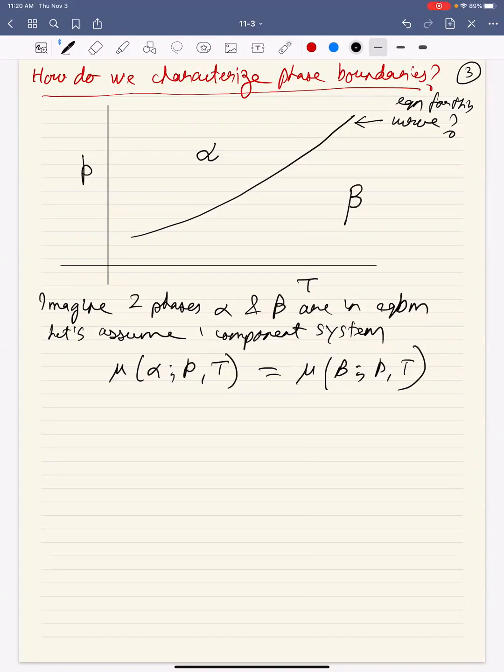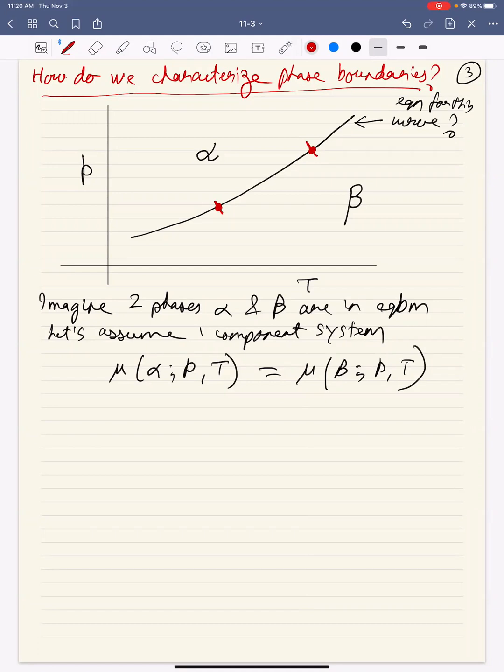So it's just pressure and temperature. So at any point along this curve, let's say this point, and let's say this point, at both of these points, we must have the chemical potential same. So the chemical potential of phase alpha must equal the chemical potential of phase beta over here. Now, when you go to this point slightly up, both chemical potentials have changed, but they must change by the same amount. Okay, that's the idea.